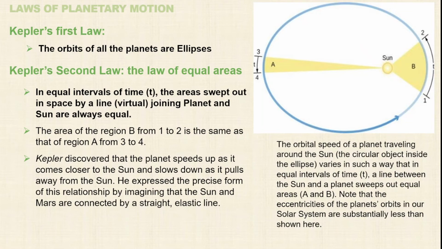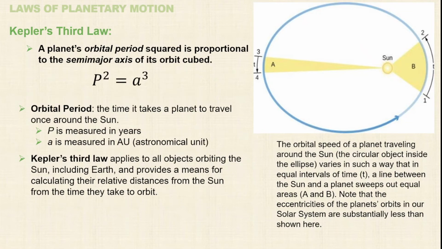And the third law, another very important law, tells us about the relationship between the orbital period and the semi-major axis. What is orbital period? Orbital period, P, is the time it takes for any planet to go around once, or for any moon to go around its planet once, or for any solar system to go around their parent central black hole once.